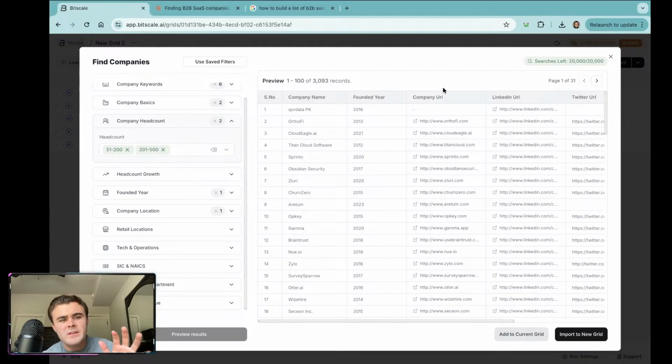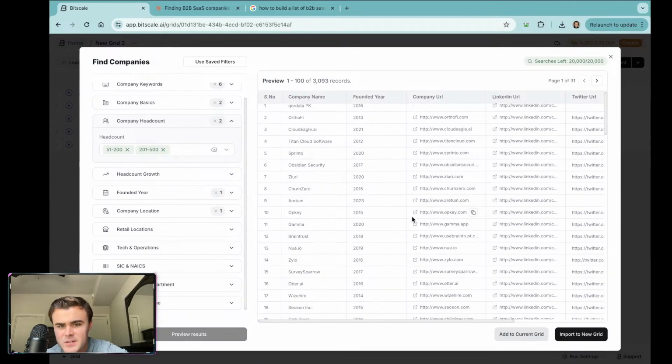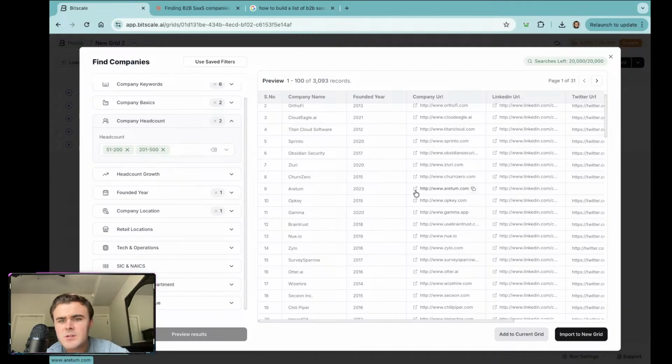Down the road, though, when I test other campaigns for this client, I'm definitely going to have to test recently funded companies that have experienced recent job growth, or even companies that are hiring for certain roles. So we're not going to focus on that for now. For now, the list is not the biggest deal. A generic list should suffice for now.